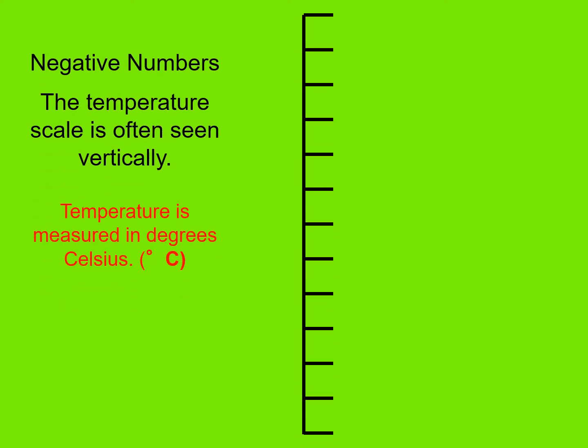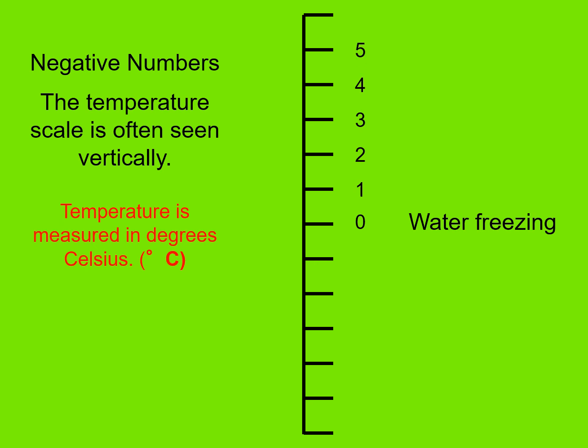Now this is a temperature scale. And we often see the temperature scale vertically. And temperature, as it says here, is measured in degrees Celsius. Water freezes at 0 degrees Celsius, and we're often seeing a lot of that outside at the moment. As we go up the scale, the numbers increase, and these are the positive numbers.